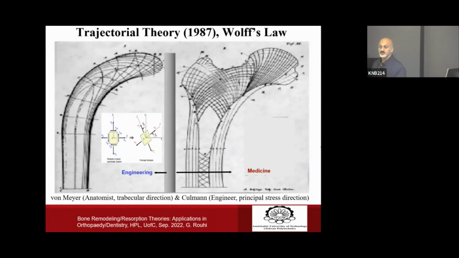And vice versa. If I decrease the load, then yes, I have to reduce the thickness of trabeculae. Each trabecula's thickness should be decreased. This is called mechanostat theory. The name was taken from thermostat.